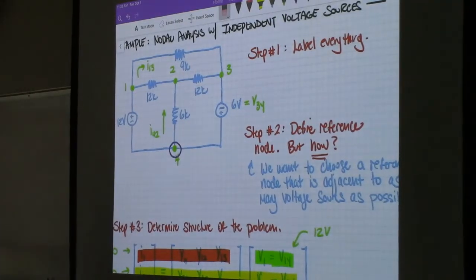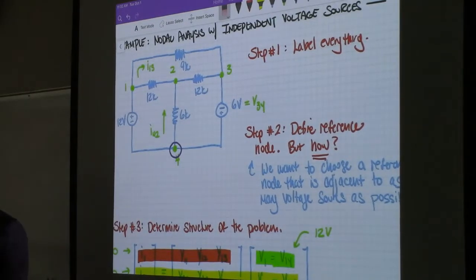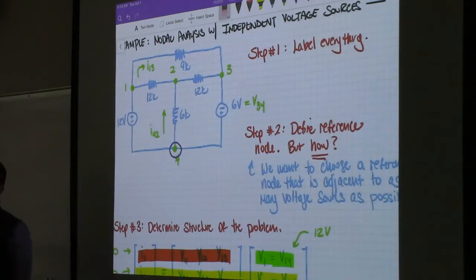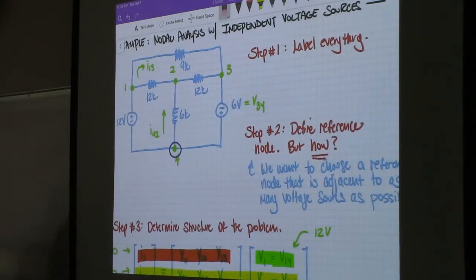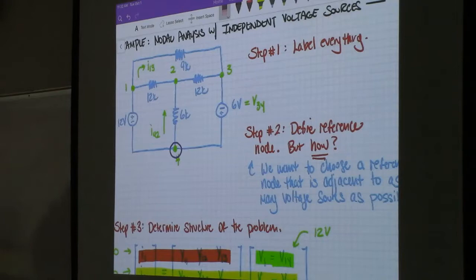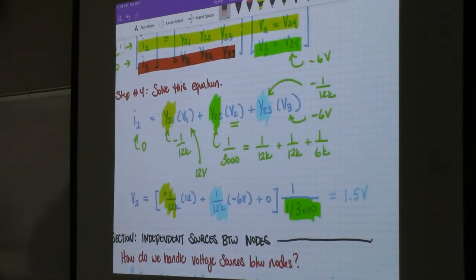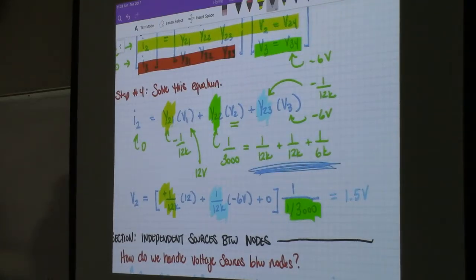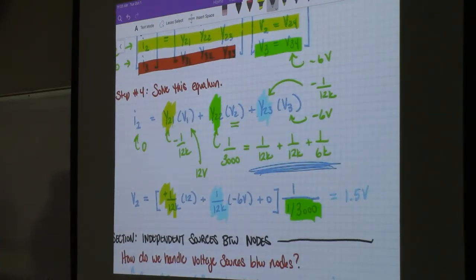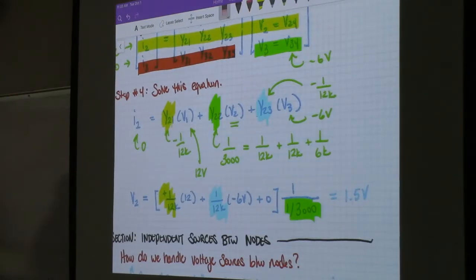So Y22 will be 1 over 12,000 plus 1 over 12,000 plus 1 over 6,000, which is what I've written down here. And so it ends up giving us a value of 1 over 3,000. Let me give you guys a second to copy that if you want to keep writing.